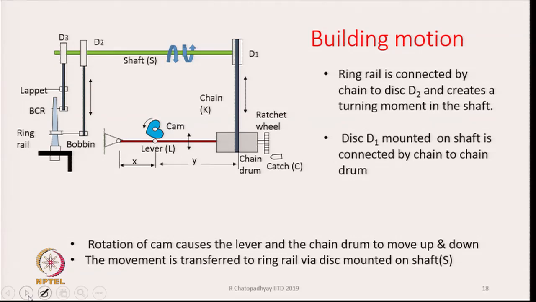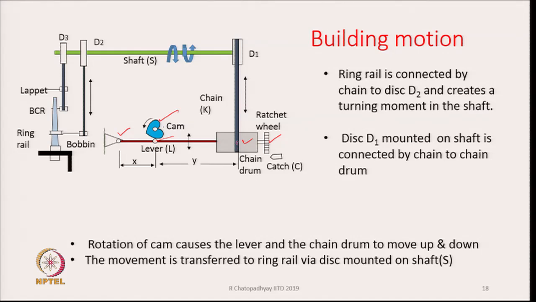What we see here is that there is a lever rail which is fulcrumed over here, and on the lever there is a cam and there is a cam follower also, and at the other end of the lever there is a drum, we call it chain drum. On the end of the chain drum there is a ratchet wheel.